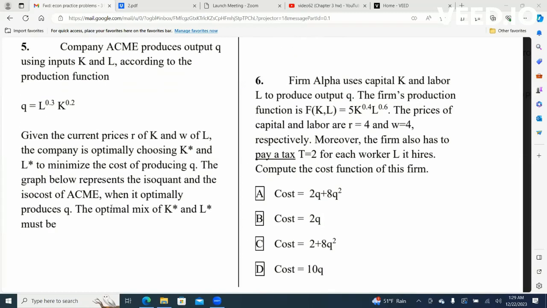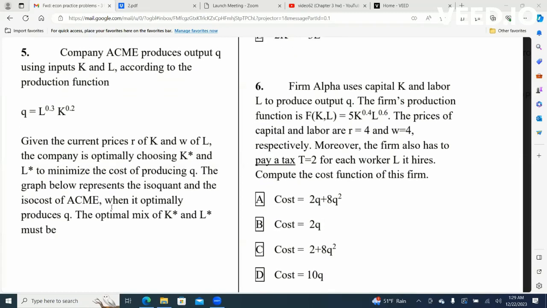Okay, so we want more of a math problem. Company Acme produces output Q using inputs K and L. According to the production function, we instantaneously recognize it as a Cobb-Douglas.